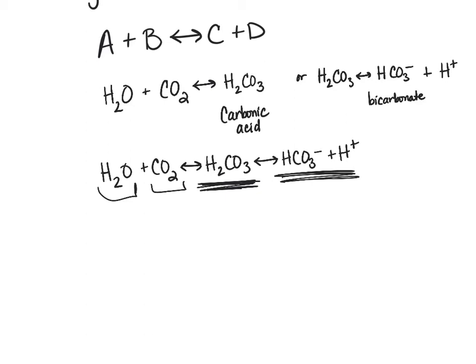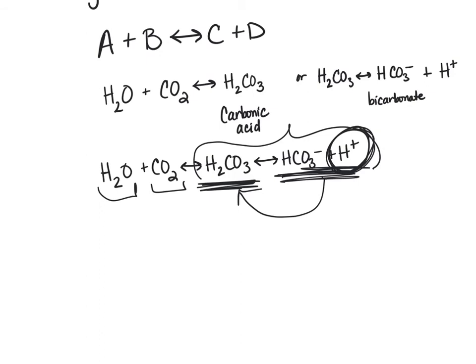We see this go back and forth between carbonic acid and bicarbonate plus the hydrogen ion because we have a hydrogen ion in here that can make our blood more acidic. If it stays as the hydrogen ion, then our blood will become more acidic. So we actually see that these things are going to go into carbonic acid in order to bring down the hydrogen ion concentration in the blood. Anyway, that's kind of a side note. We'll talk about that later in the semester, but you can see that we can have a reaction that can run both ways. It's a reversible reaction.